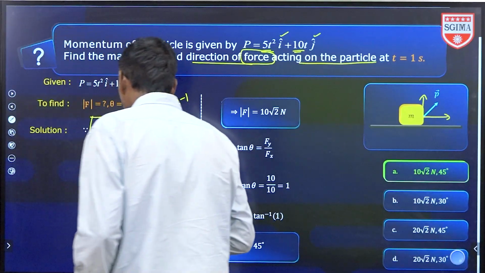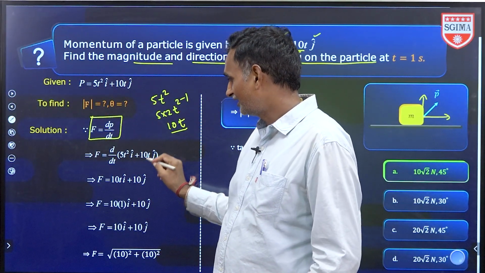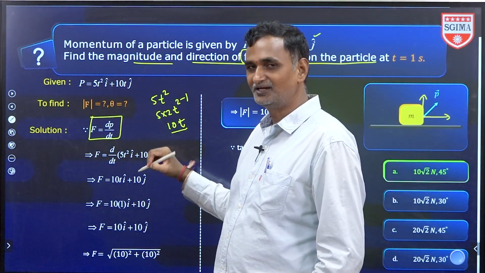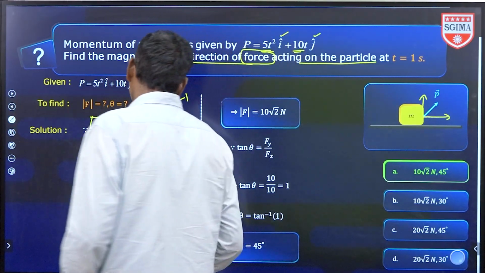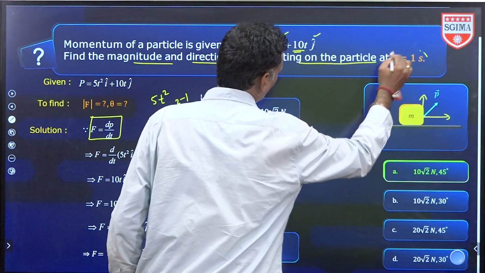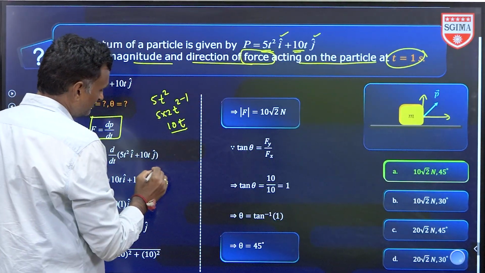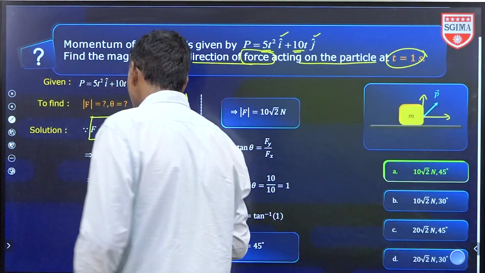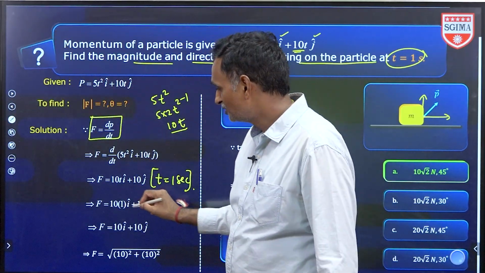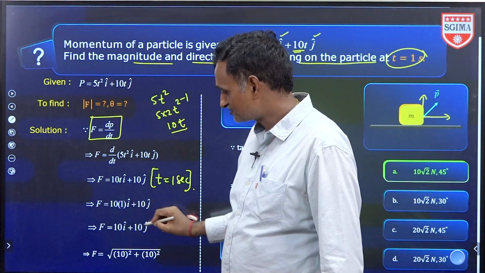That is what we have written here, 10t i cap, and for the j term, 10 into t, the t is cancelled out, so only 10 is left. And they have asked for time t equals 1 second. So we just substitute 1 second in place of time. So here it comes to 10 i cap plus 10 j cap.